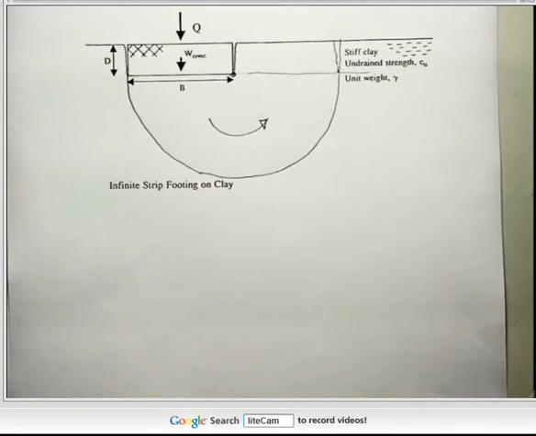The mechanism is actually in the process of just forming now, but it's not run away with itself. We're going to say at that point of failure, it must still be in equilibrium. It's not run away with itself. And so we're going to equate the failure stresses on the failure plane to the applied load in order to work out what that limit equilibrium is.